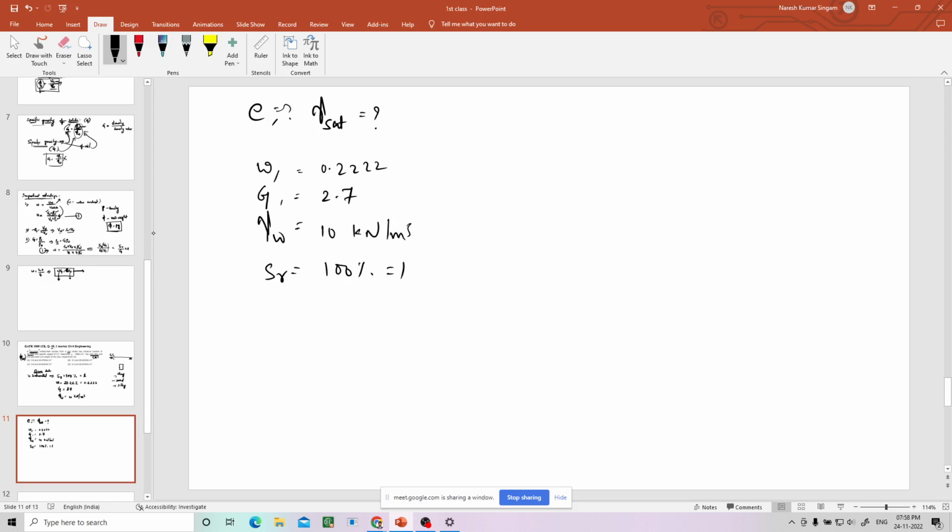So by seeing these given values, you should understand how to find out e, because we just have derived wG equal to eSr. That is the formula which you have to remember, or this is the derivation which we have done just now. So you know w is 0.22, G is 2.7, e is unknown, Sr is 1.